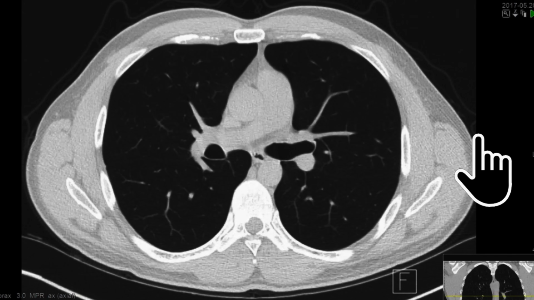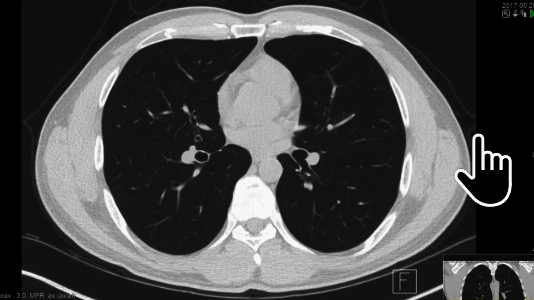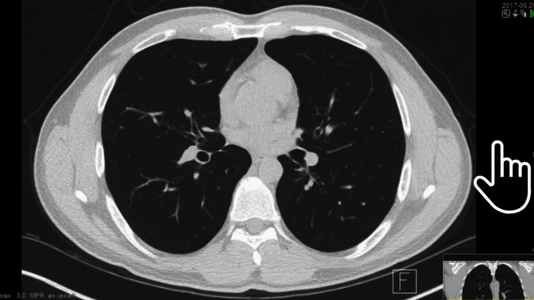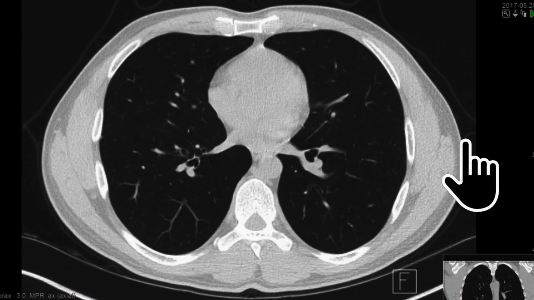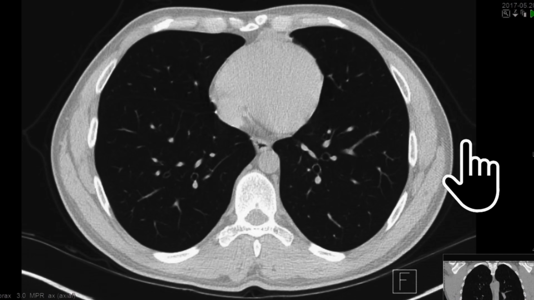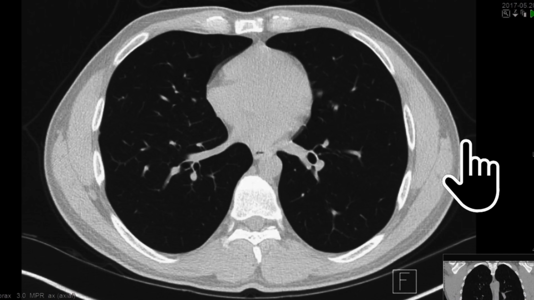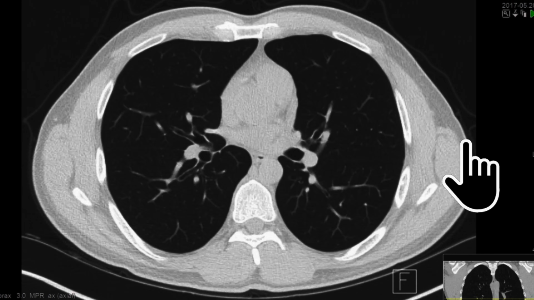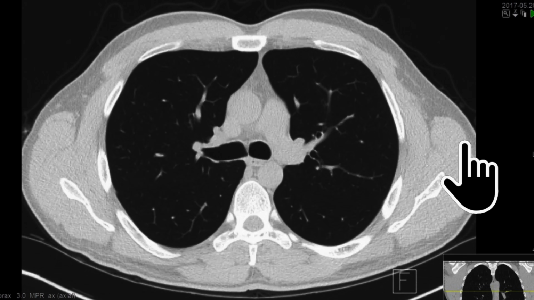Scrolling down, we're getting some hints of the pulmonary veins coming in there. If I scroll back up again, see them coming in. Okay. So pulmonary trunk, pulmonary arteries and pulmonary veins.